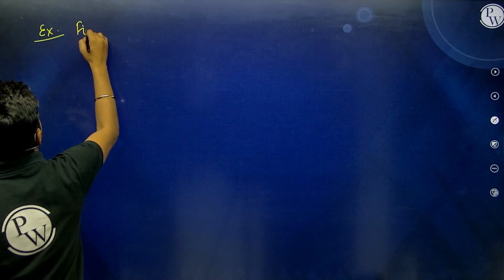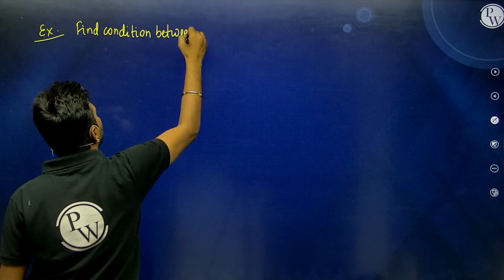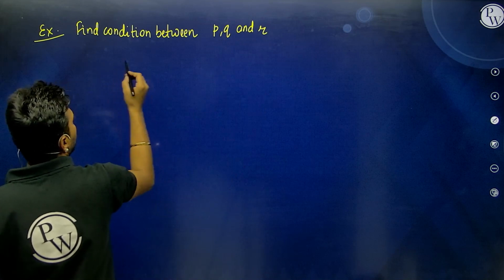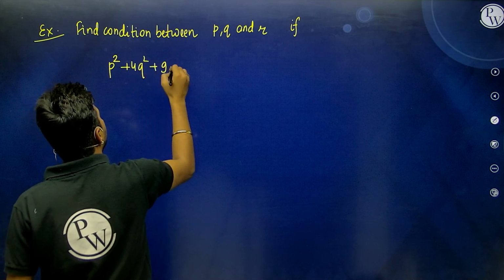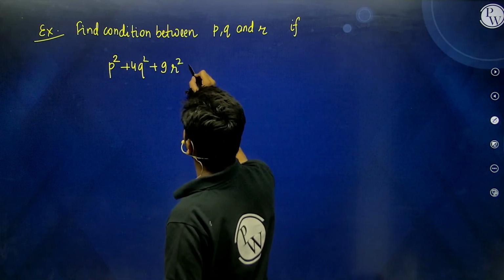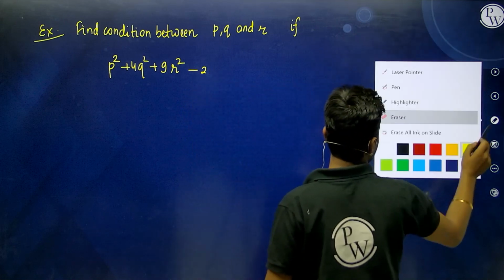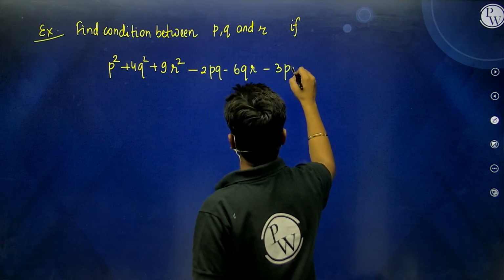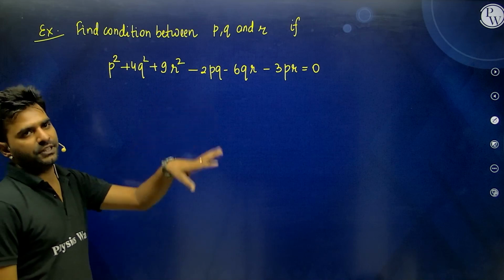Let's say I want to find condition between P, Q and R. If P square plus 4Q square plus 9R square minus 2PQ minus 6QR minus 3PR equal to 0. Find condition between P, Q and R if this kind of a thing is given to equal to 0 to you.